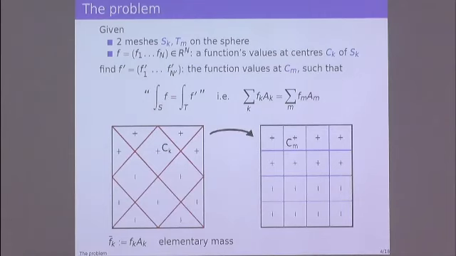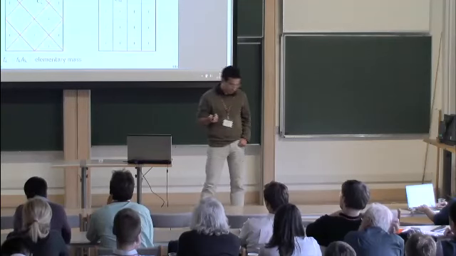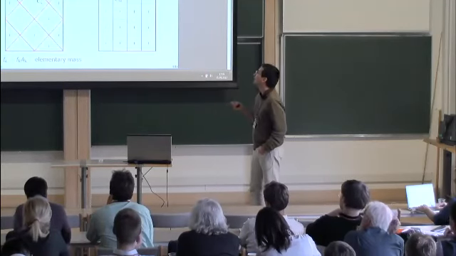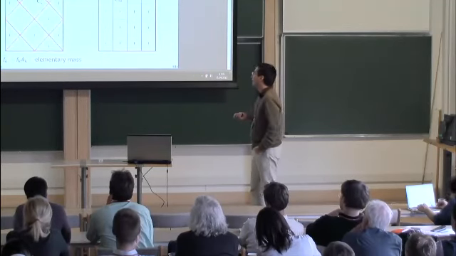So what is exactly the problem? We're given two meshes: a source mesh, S, and a target mesh, T, on the sphere. And we get the function's values at the centers of the source mesh. So it's a discrete description of the function, basically an n-vector.